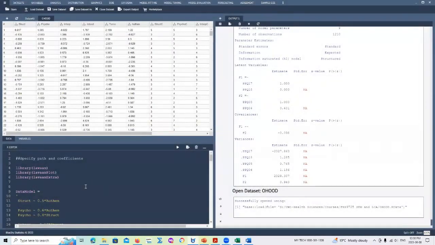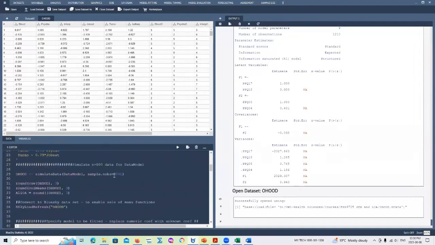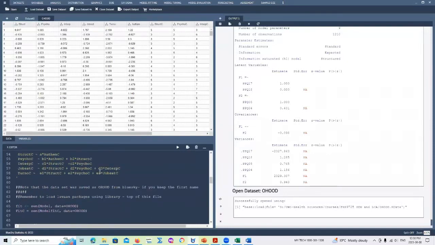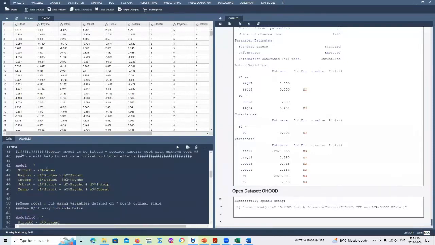We could even shorten the model; we don't need to do the whole model. Let's just shorten the model, then fit it. You see here, the reason I put those coefficients here is to allow me to estimate the indirect effects, or any effect I want.